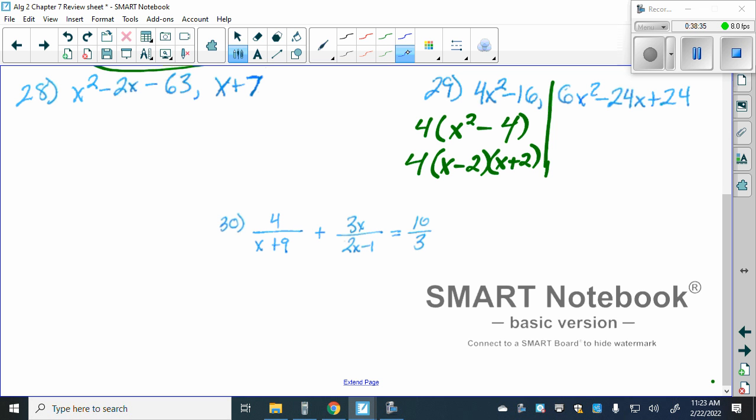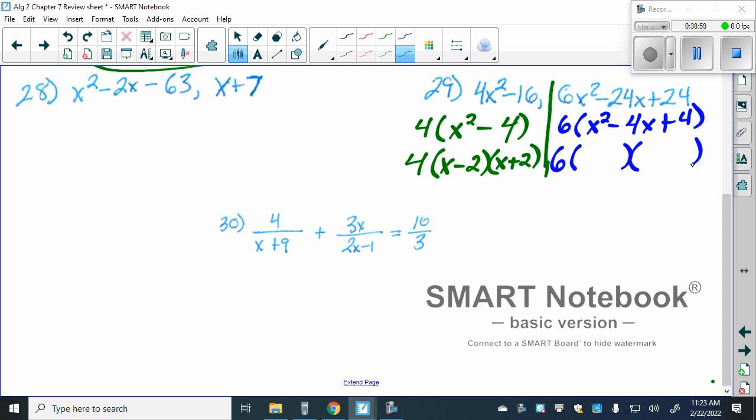Now our 6x squared minus 24x plus 24 does have a greatest common factor of 6. When we factor it out, it would give us an x squared minus 4x plus 4. Because we're just pulling 6 out, or dividing each term by 6.